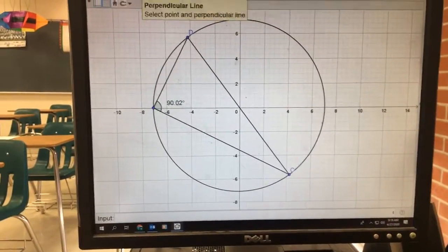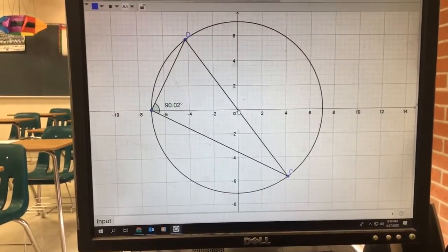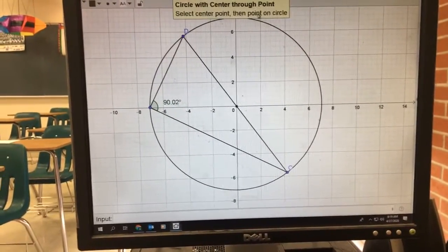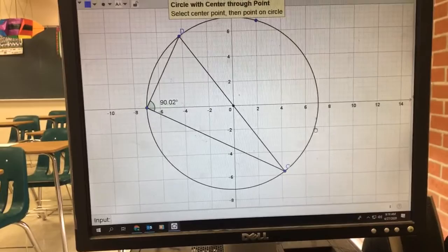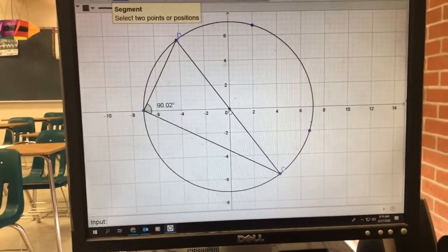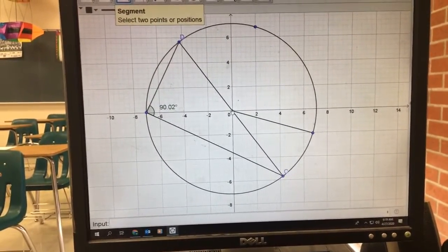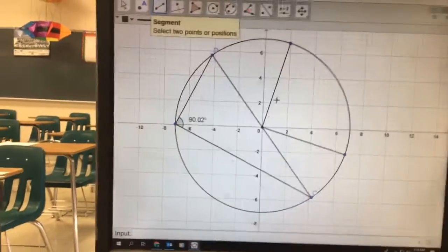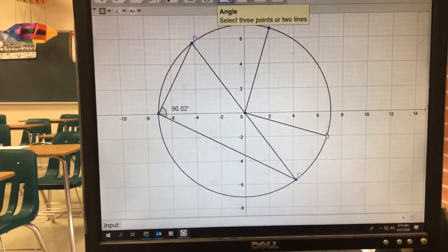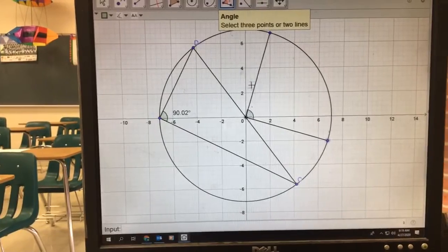Now, if it was a central angle, if I put a dot right here on the center, and put another couple of dots out here on the circle, and do a couple of segments like that, what I've created is a central angle.